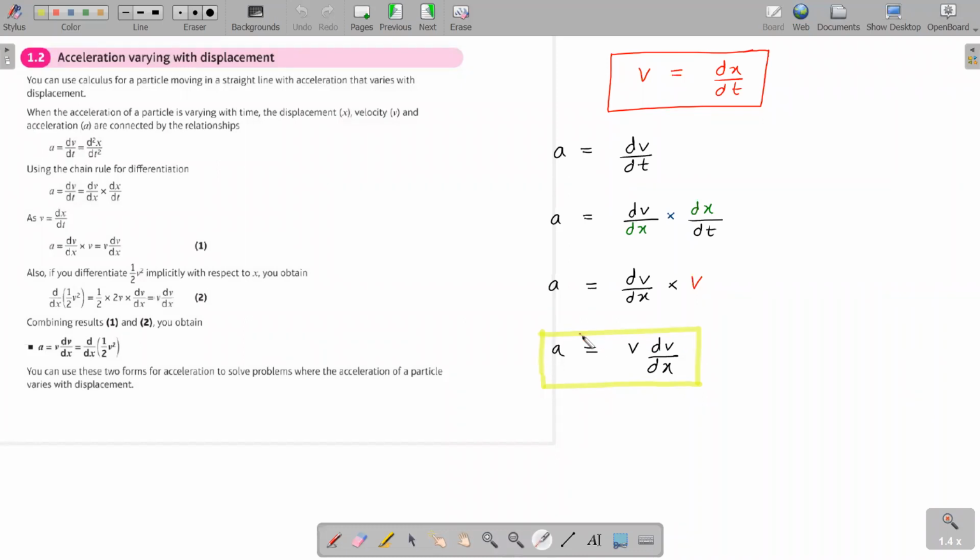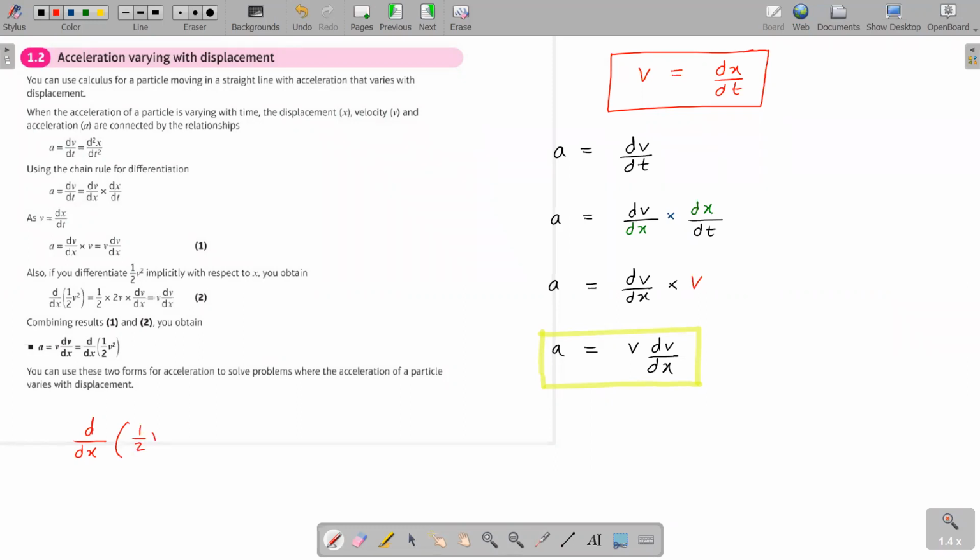Also in the textbook, they've given you the same equation another way. You can see here, acceleration equals v dv by dx, and they have also given you another result. They've given you that it's equal to d by dx of half v square. Let's look at what they mean by d by dx of half v square.